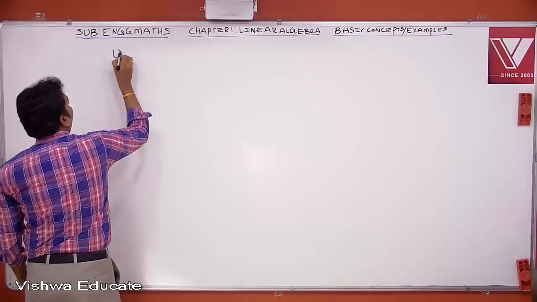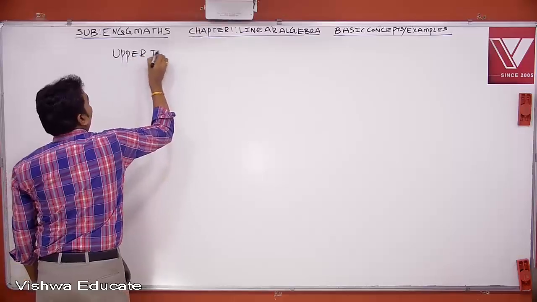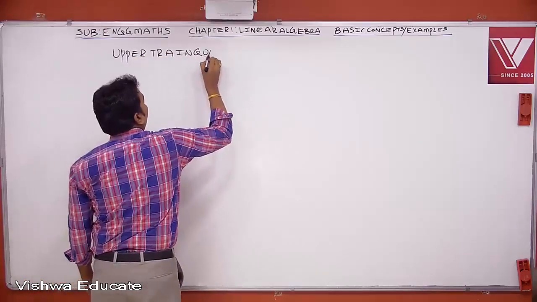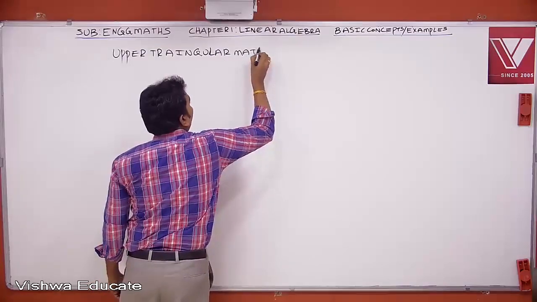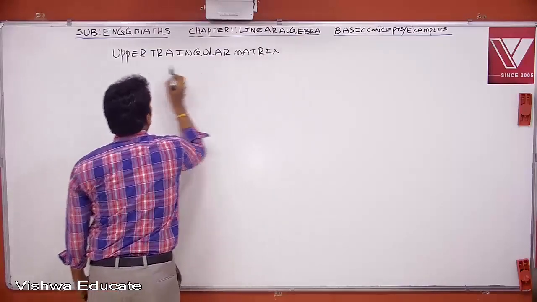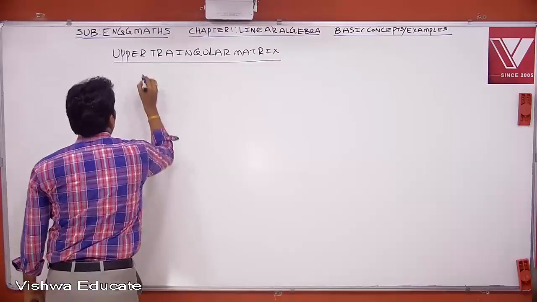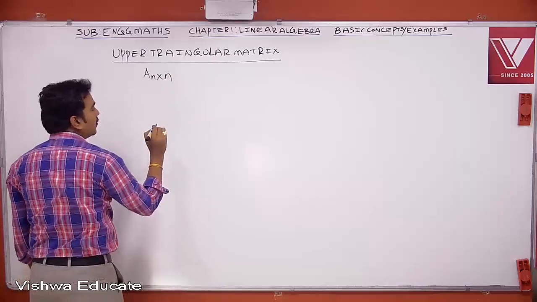Next definition, upper triangular matrix. Suppose A is a square matrix of size n cross n.